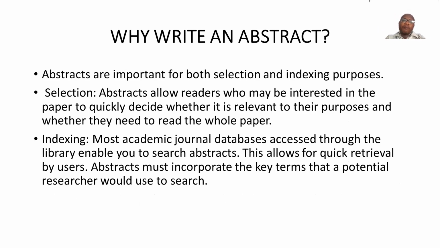This comes in when you publish your document: people read the abstract to see whether this is exactly what they want to read for the purpose of comparison or they want to cite your journal. As for indexing, most academic journal databases accessed through the library enable you to search abstracts, and this allows for quick retrieval for users. Key terms that a potential researcher will use should be incorporated in the abstract's structure. So the abstract is important for indexing when you are doing a publication.